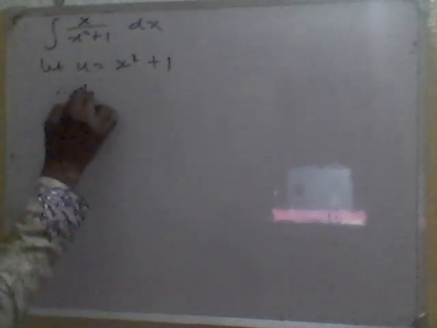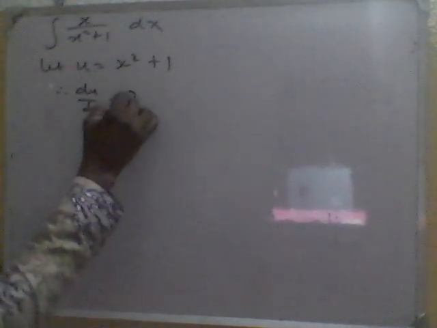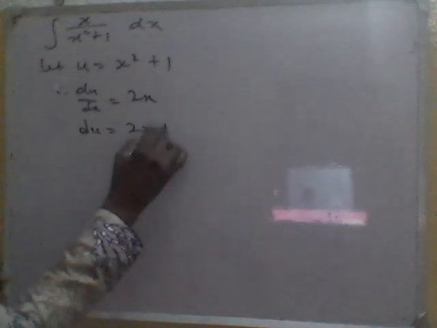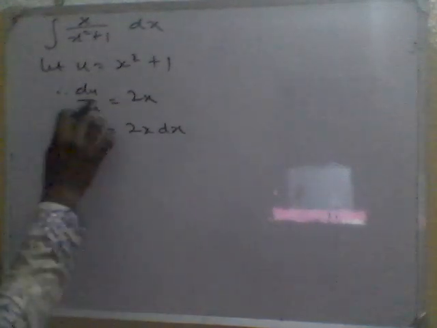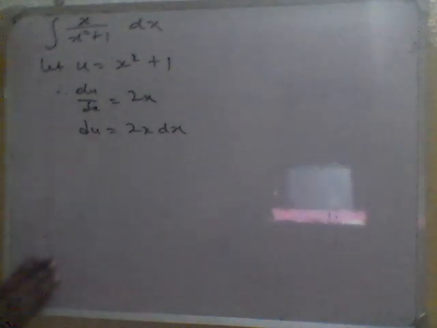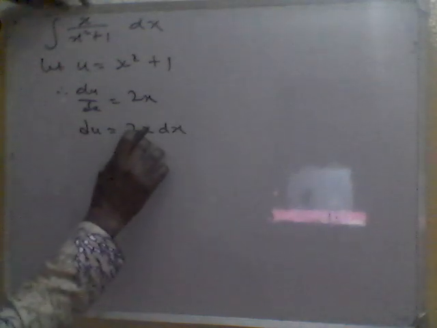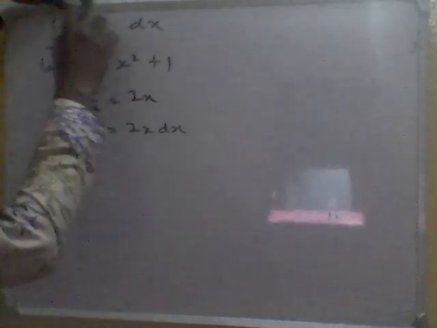For instance, I will say let u be x squared plus 1. Therefore, du/dx is 2x and du is 2x dx, right? That's if I cross multiply. Okay, now how do I make this one like that? The first thing I will do is I know that x dx is here, x dx is here.